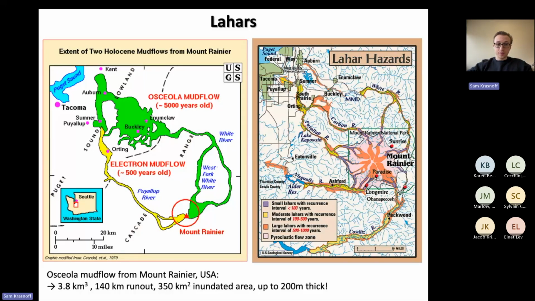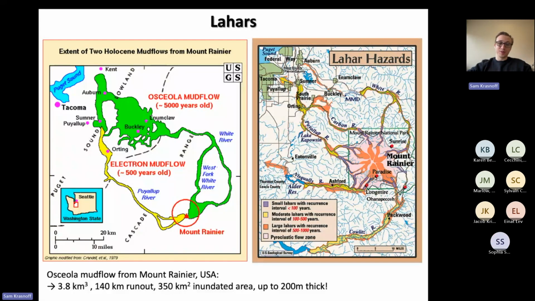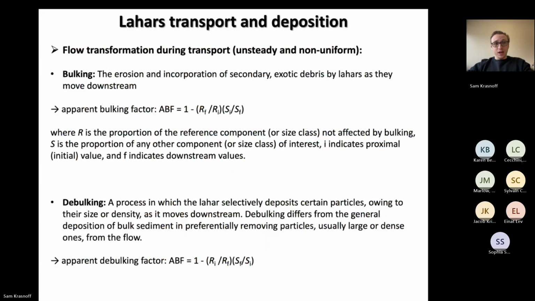The total inundated area was 350 square kilometers, and it reached almost 150 kilometers on the run out. At the worst point, it was up to 200 meters thick. So they really are a force to be reckoned with. We'll talk a little about the actual flow transport and the physics behind that, and we'll also have slides and references for you to look into more.